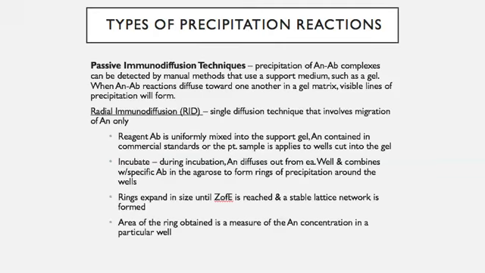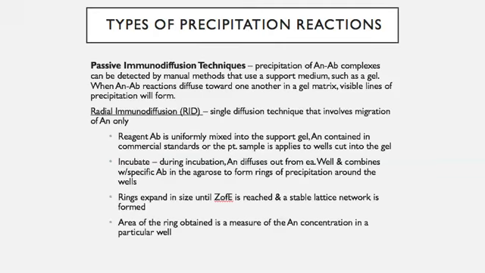So agarose, which is derived from seaweed, is used for this purpose a lot of times. So when the antigen-antibody reactions diffuse toward one another in that gel matrix, you're going to have visible lines of precipitation that form. The agarose helps just stabilize that diffusion process, and it allows us to be able to visualize those precipitation reactions.